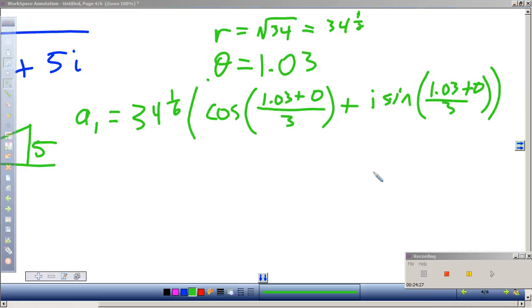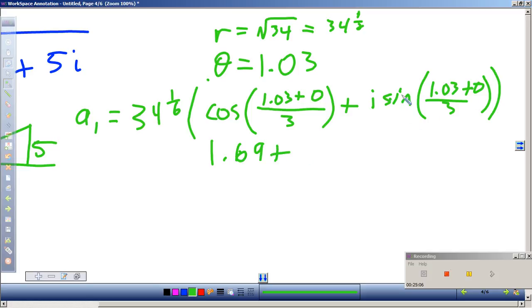Okay, now we're going to plug that into your calculator. So put cosine of 1.03 divided by 3, and then times 34 to the 1/6. What do you get for the real part of it? Make sure you are in radian mode. 1.69. Okay. And what do you get for the imaginary part?